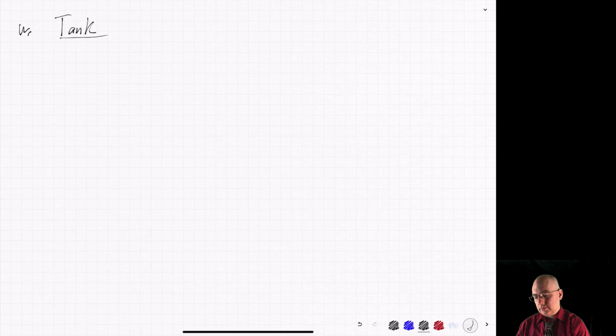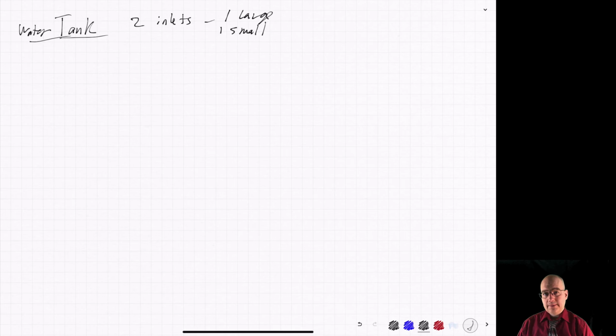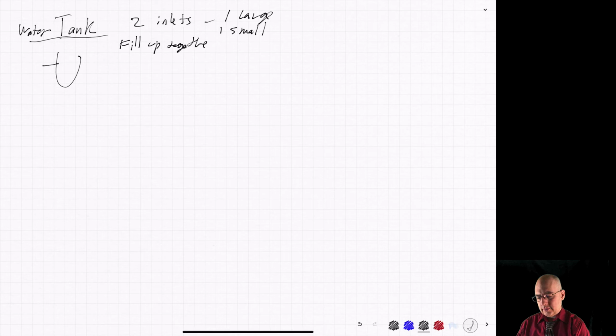water tank, and two inlets, one large and one small. Now they typically fill up together. So basically you've got this tank and you've got large and small.